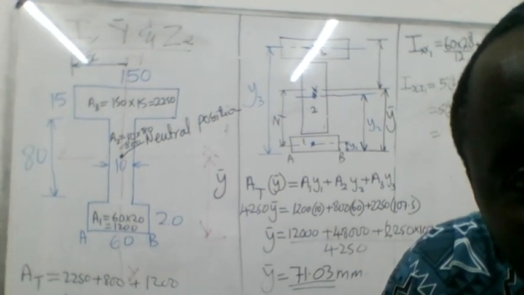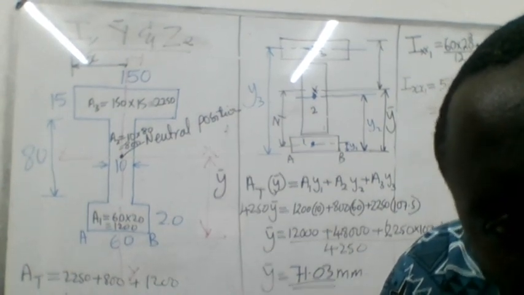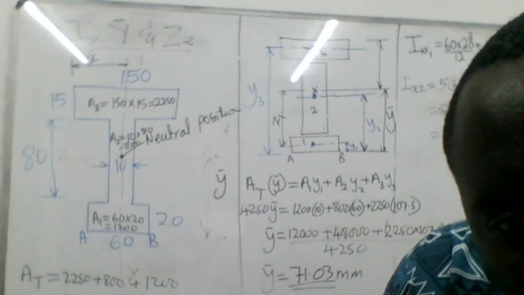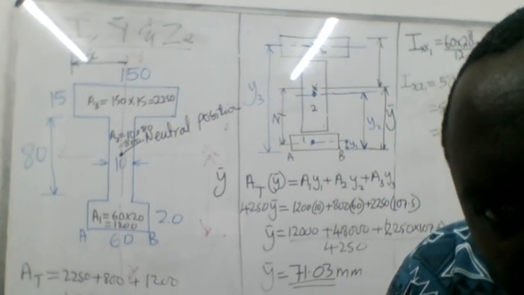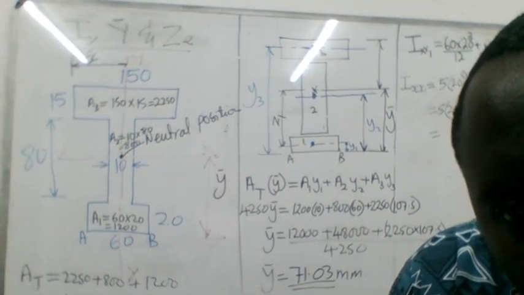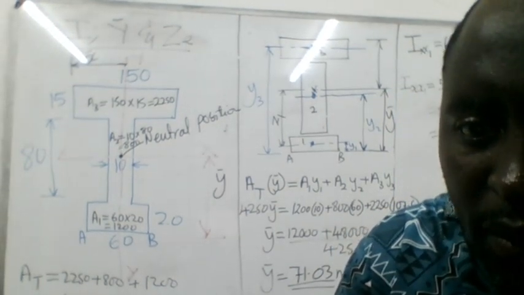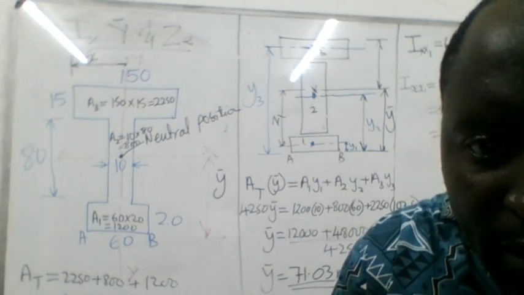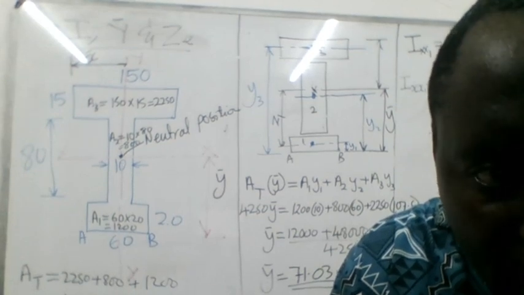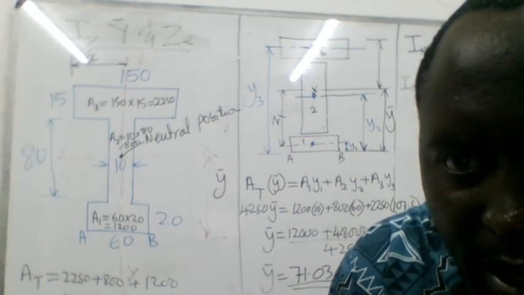Let me go scientific. 71.03 minus 10 is 61, times 1200. It gives us that big number, plus, open brackets, 5 times 20, cubed, close bracket, equals.